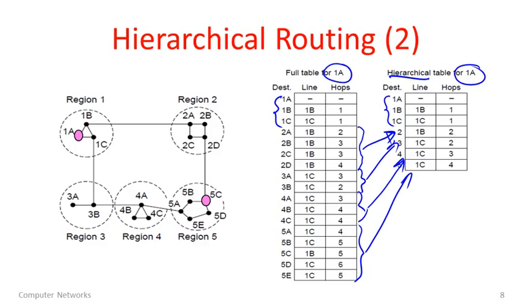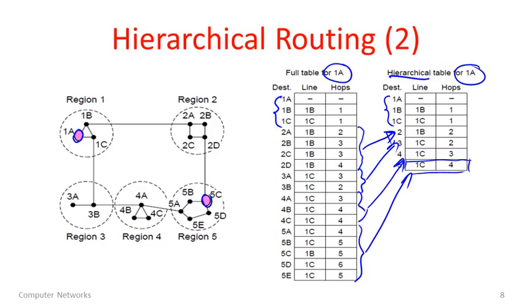Here we have a packet that's trying to go from 1A to 5C, and I've colored in those nodes just so you can see them on the graph. At 1A, we can look up the decision for 5C. Since this is a hierarchical table, there's no entry for 5C in particular, there's just a blanket entry for 5. It's this last one.